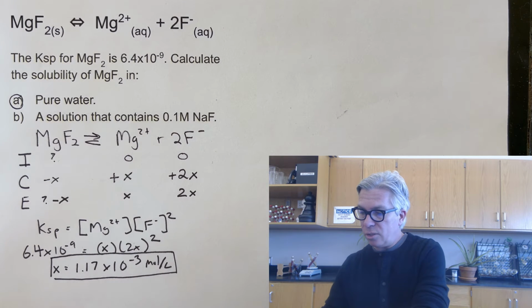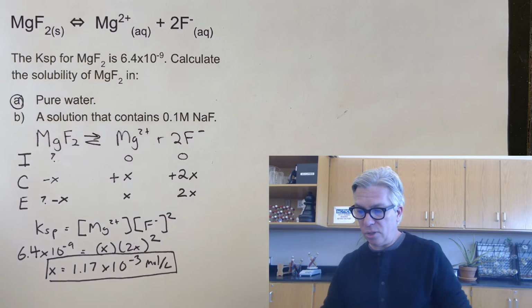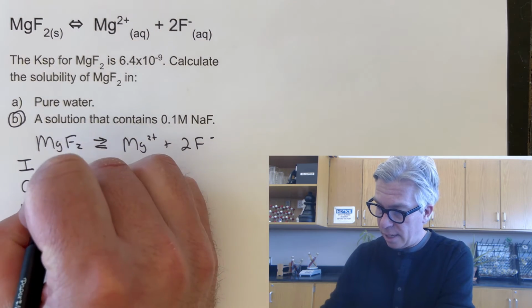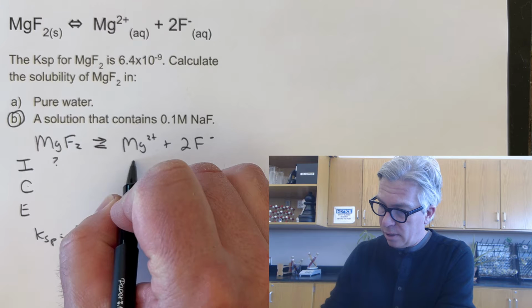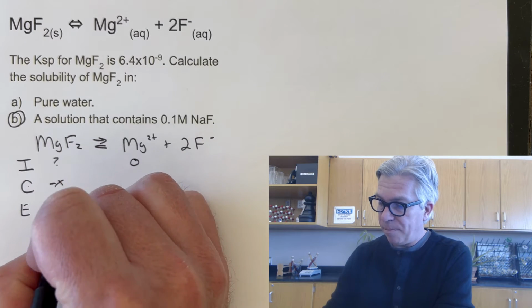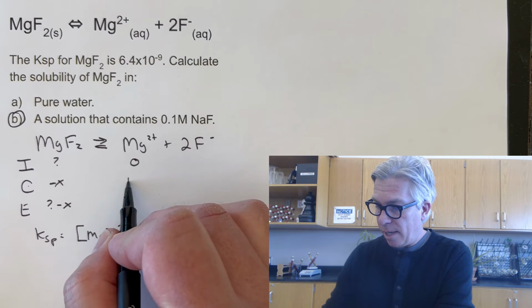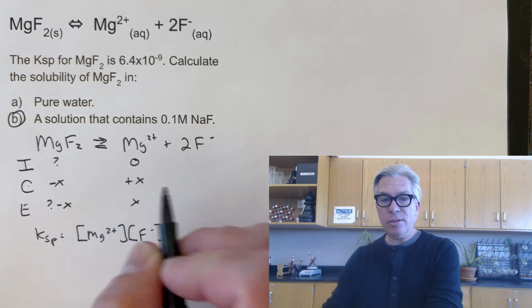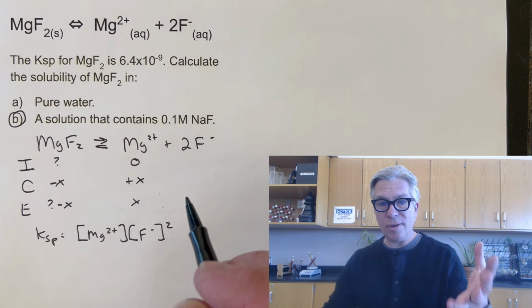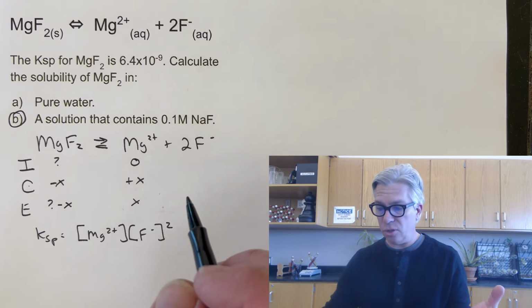Now let's compare that to what happens when the solution actually contains fluoride ion in it. This is the new wrinkle we're going to add today. So a lot of it's going to look the same. We're going to have 0 there, minus x, and this is going to go up by x, and this is going to end up at x. But here's the difference. In this situation, you've got to imagine there's already fluorines floating in the solution.